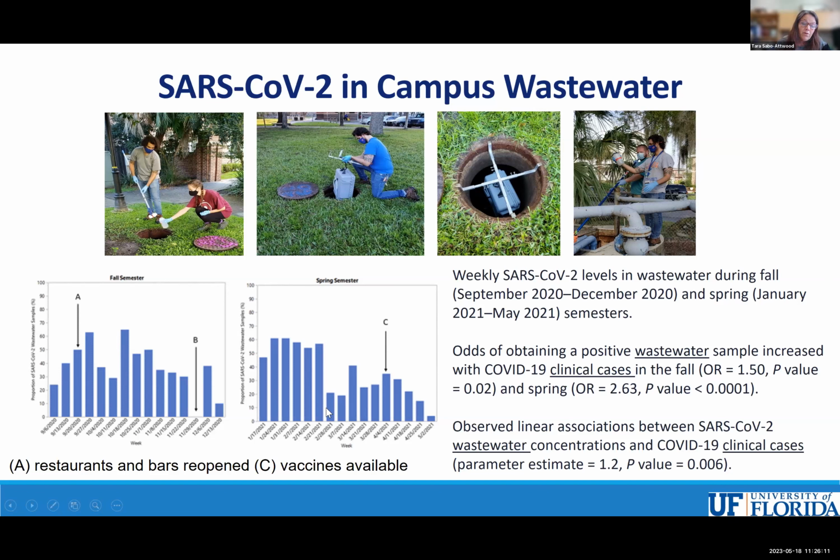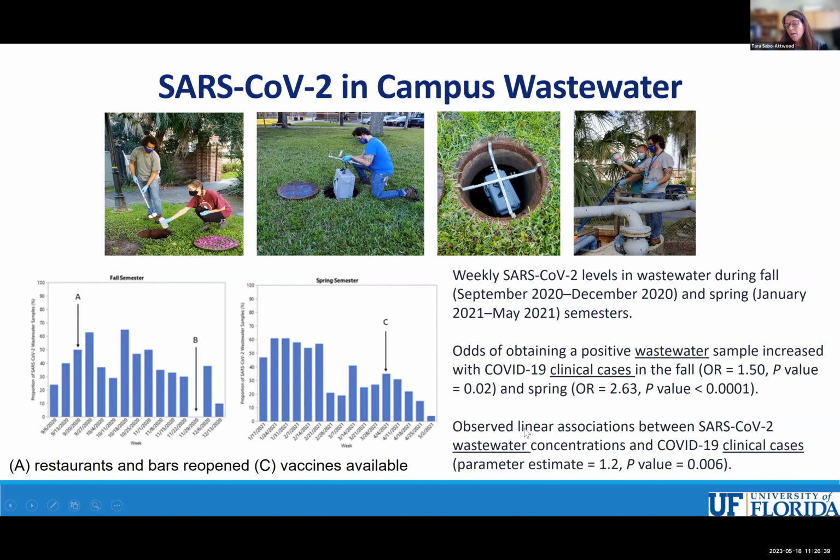I will say for the spring semester, it's with some of our highest levels, and they continued from January all the way through to the end of February, we feel were attributed to students leaving campus and being out at home or wherever they went to and coming back and potentially bringing back infections that way. And so we did see some circulating virus for quite a bit of time at the beginning of the spring semester.